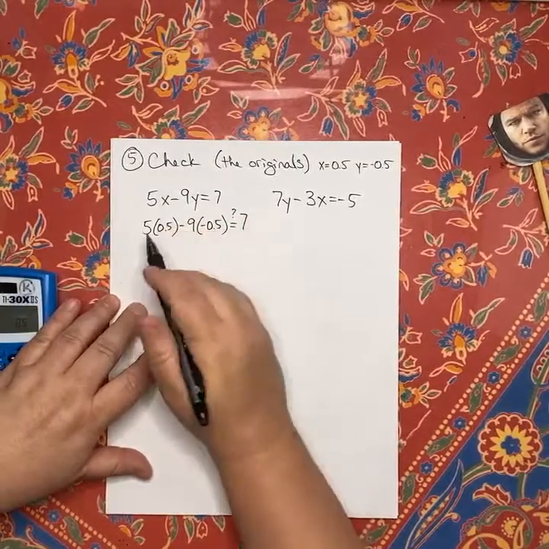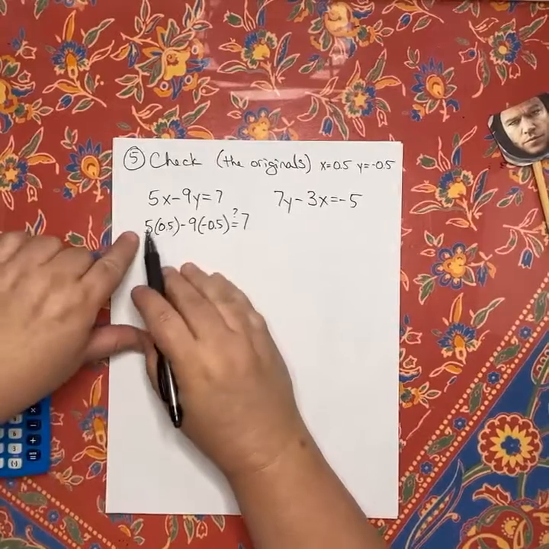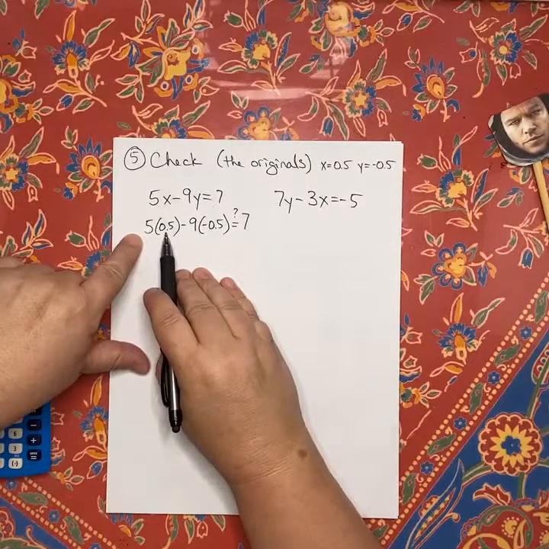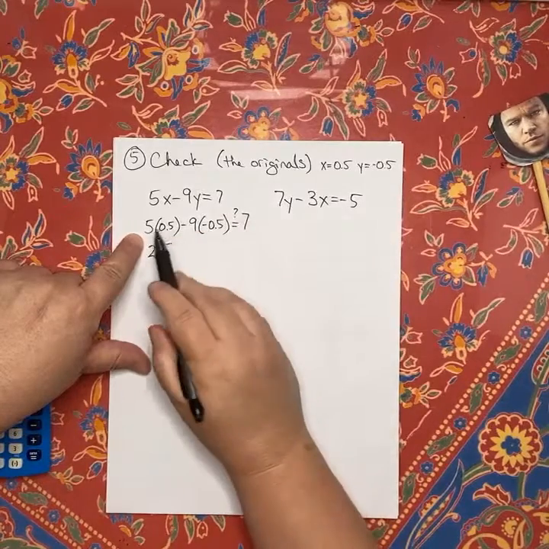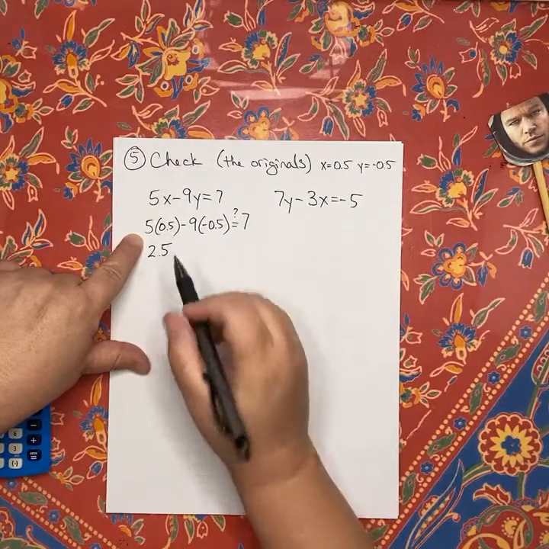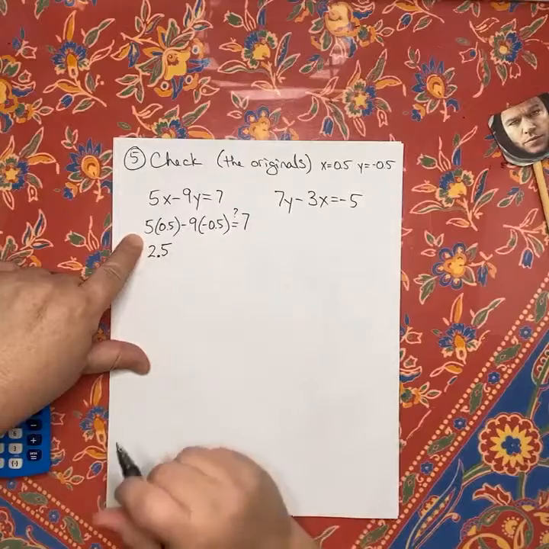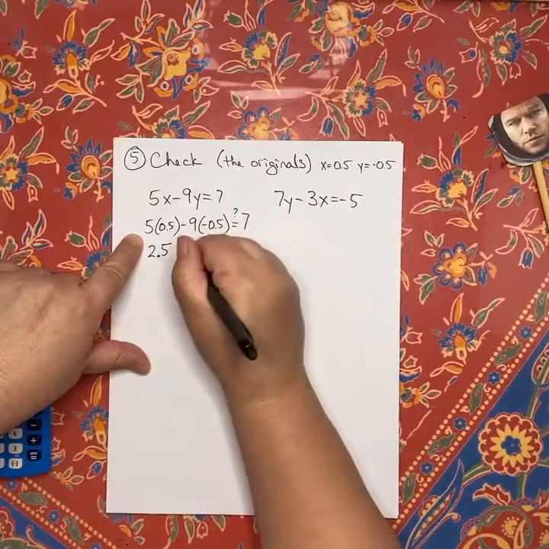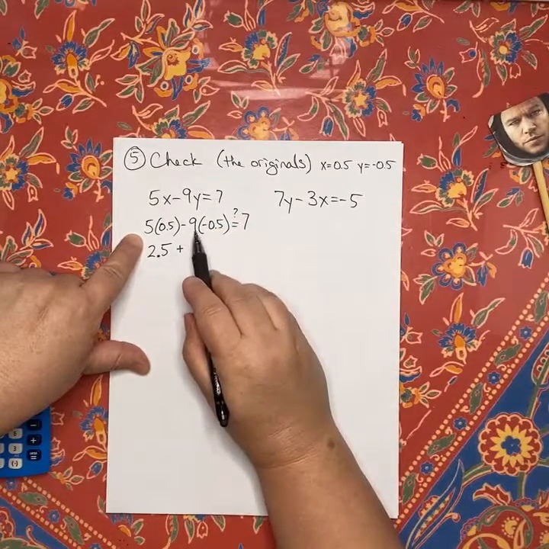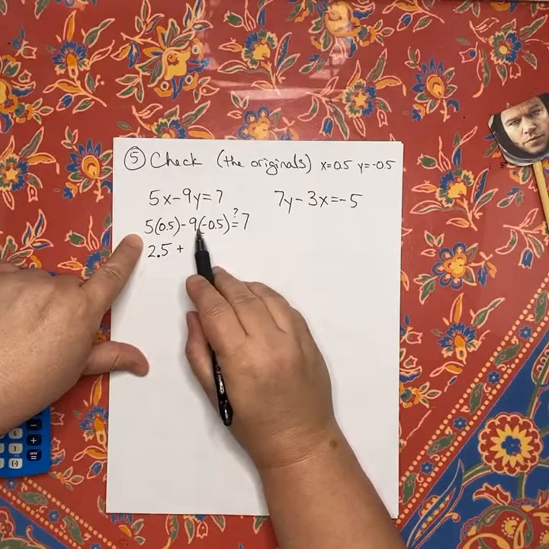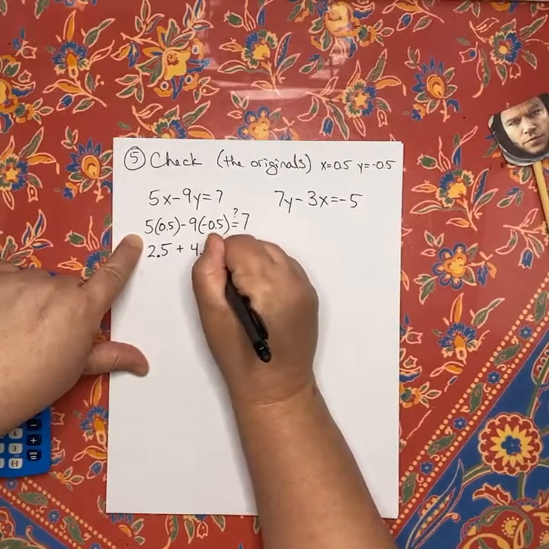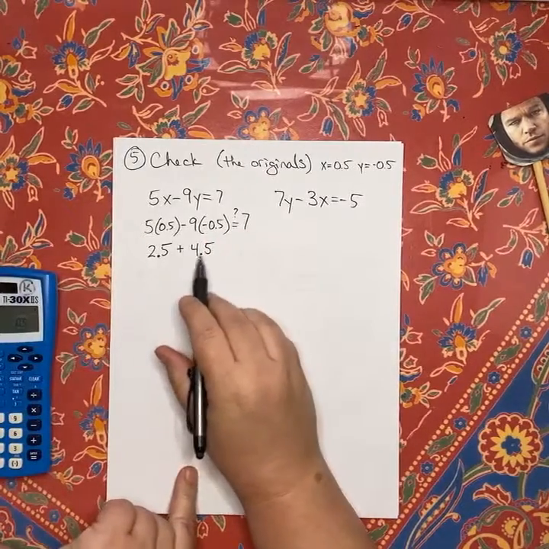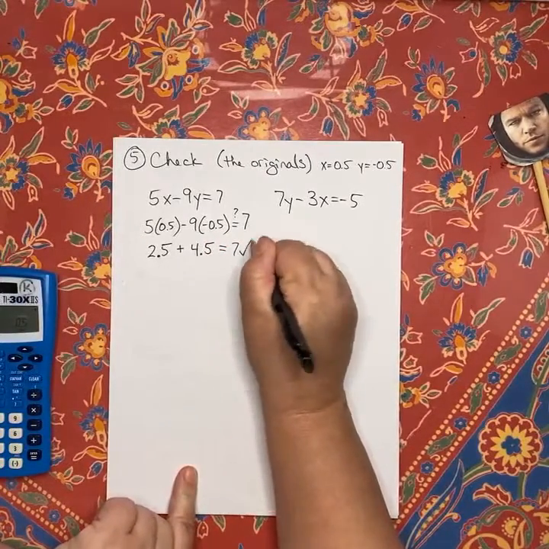I'm going to do it anyway. 5 times, now notice 5 times 1/2 of 5 is 2.5. Another way to look at it is 5 times 5 is 25, but you move the decimal point in 1. Okay, this is going to be plus. And again, either half of 9 or 9 times 5 is 45. And then you move the decimal point. 2.5 plus 4.5, that's equal to 7.